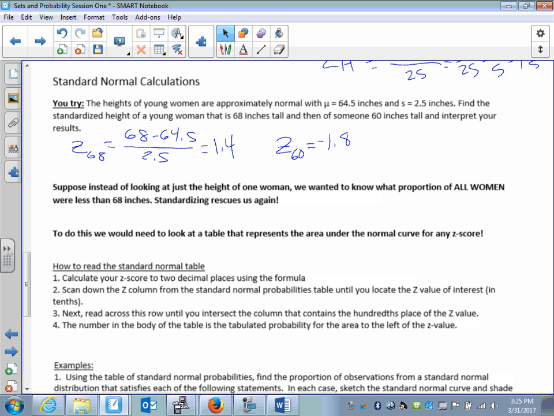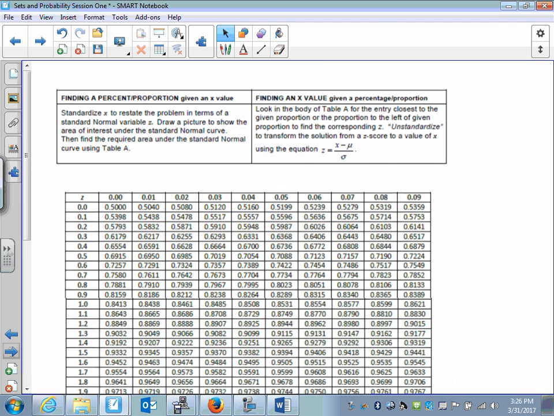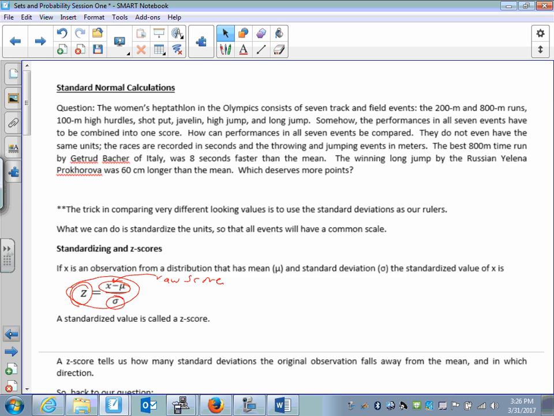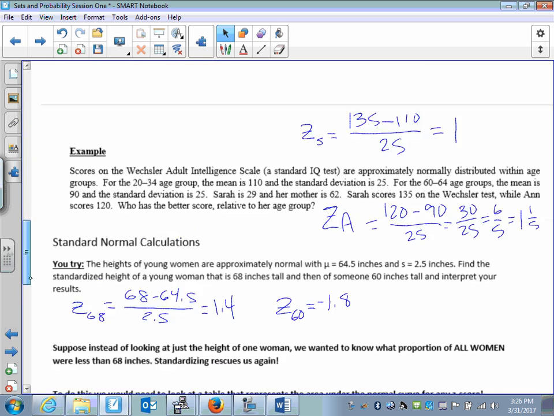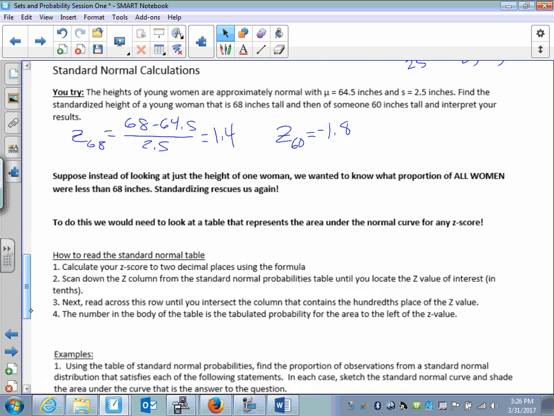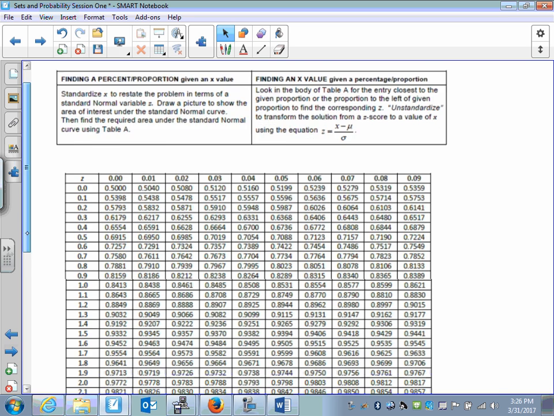Now, on the next couple of pages, you have these tables, and I have them right over here on the next 2 pages. So we're going to deal with this one right here. In other words, we're going to find out the area below 1.4 standard deviations. So we go over to the table, and 1.4 is in the second one here.